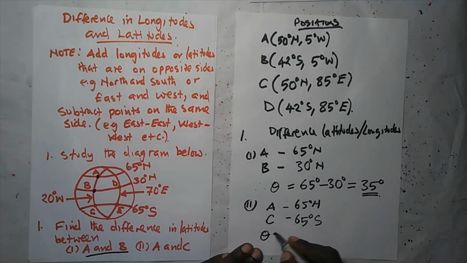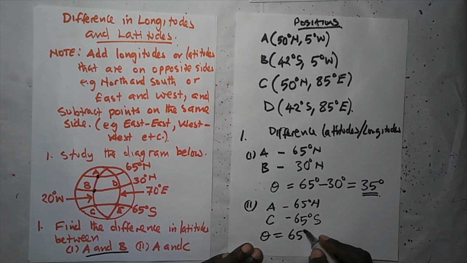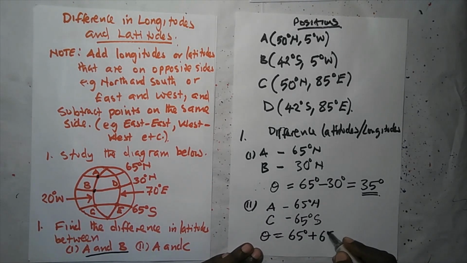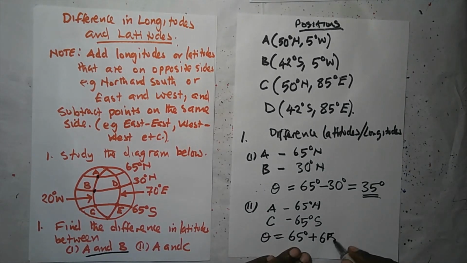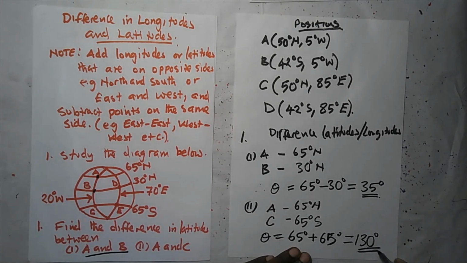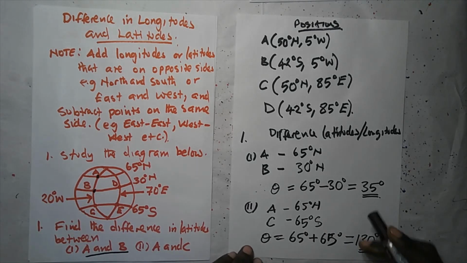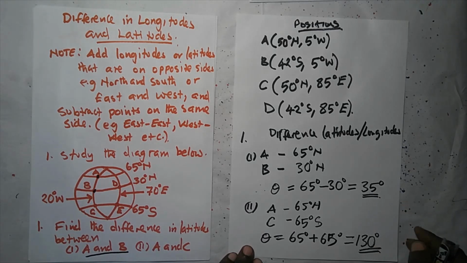So our difference will be 65 degrees plus 65 degrees, which gives us 130 degrees. Okay, so when points are on opposite sides, we add the two latitudes or longitudes. So these are our differences in latitudes.